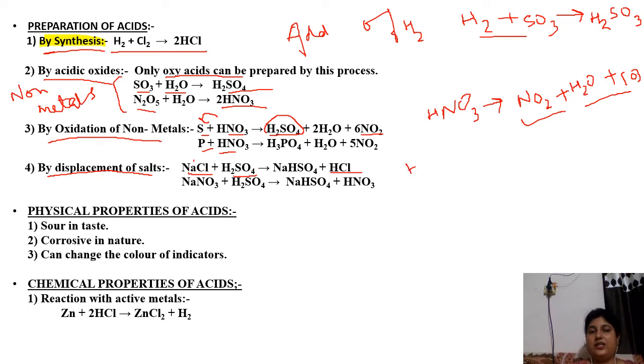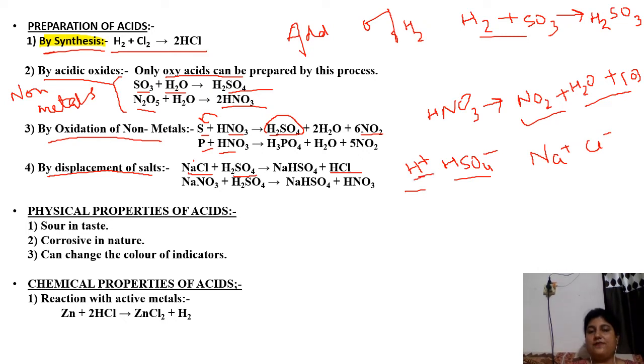H2SO4 will dissociate into H positive and HSO4 negative ion. Similarly, NaCl is split up into Na positive and Cl negative ion. Now what will happen?